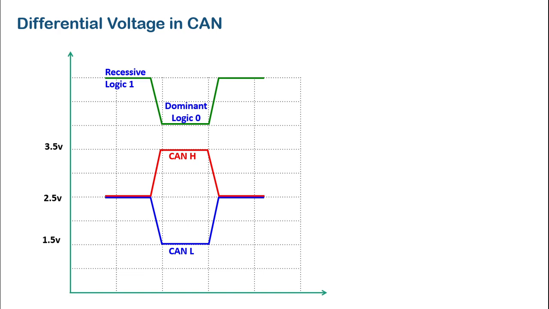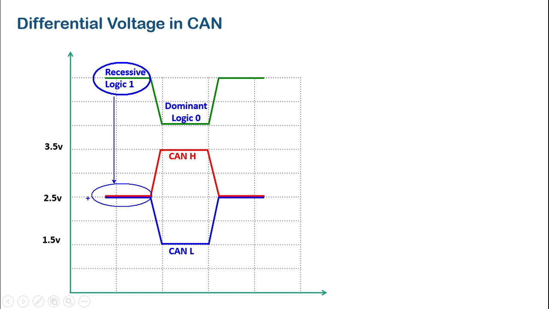In our CAN protocol, we already know we have two lines, nothing but two wires. One is CANH and one is CANL. Now observe very clearly: whenever you want to represent a recessive logic, meaning logic 1, both CANH and CANL stay at a common voltage level, that is 2.5 volts.